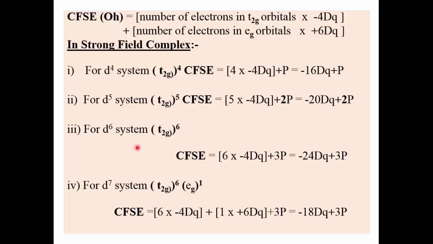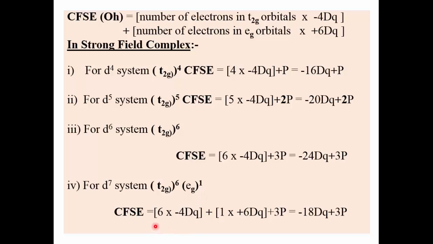Then the D6 system: all electrons are paired in the t2g orbital. All electrons are present in the t2g orbital. Therefore 6 into its energy minus 4dq, that is minus 24dq plus 3p. This is the energy for D6 in a strong field complex. Then the next one, the D7 system: all t2g orbitals are completely filled. 6 electrons are present in the t2g orbital. 1 electron is promoted into the eg orbital.